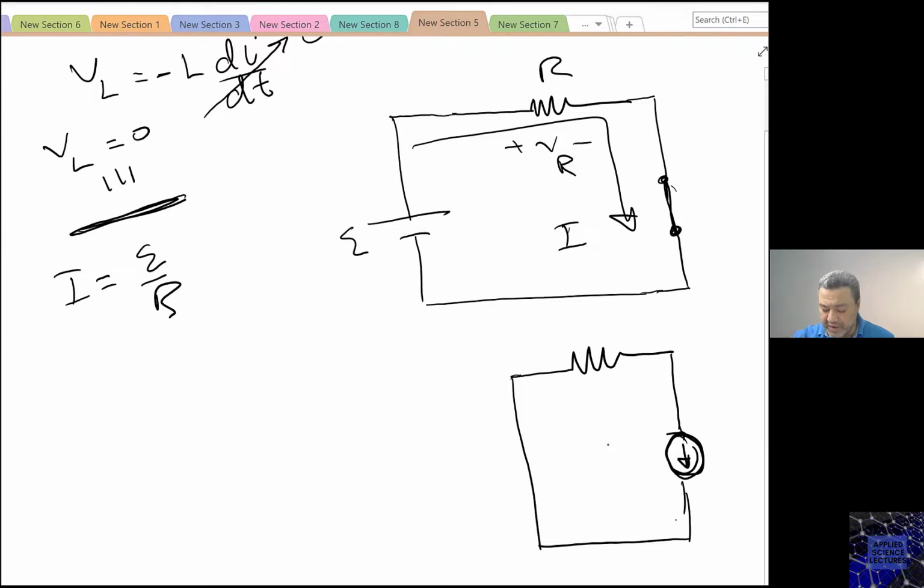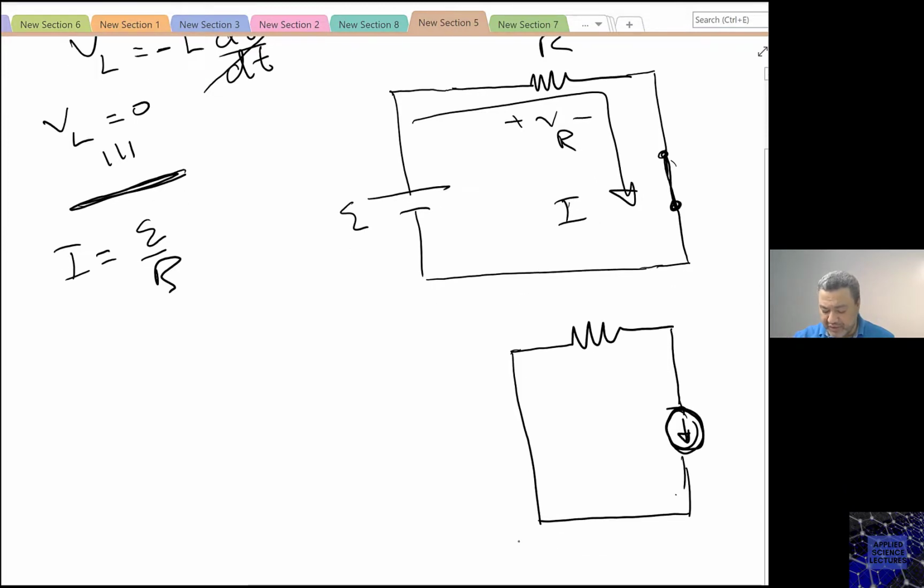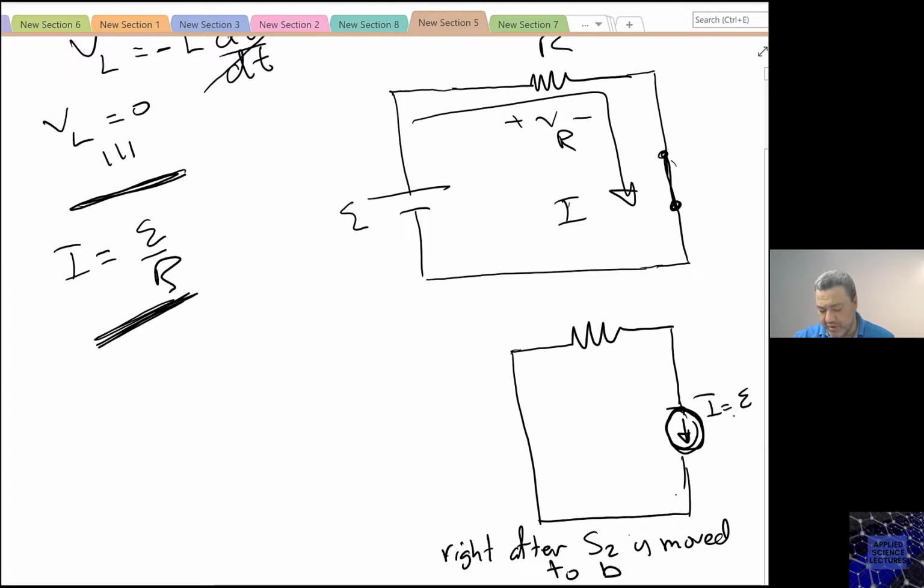Right after the switch is moved to B, this current would be equal to the current I that we calculated earlier.